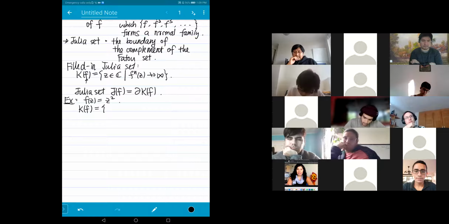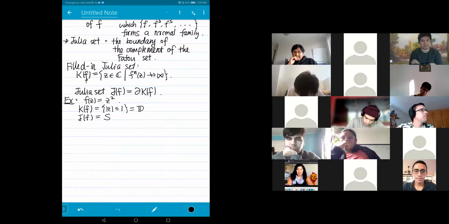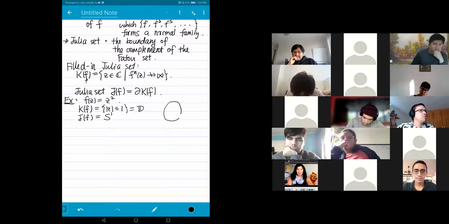So this is basically the complex numbers such that the modulus of the complex number is smaller than or equal to 1, right? And the Julia set in this case is, so this is the closed unit disk, and the Julia set is this boundary. So this is the circle. And in 2 minutes, I will show you more examples of Julia sets.